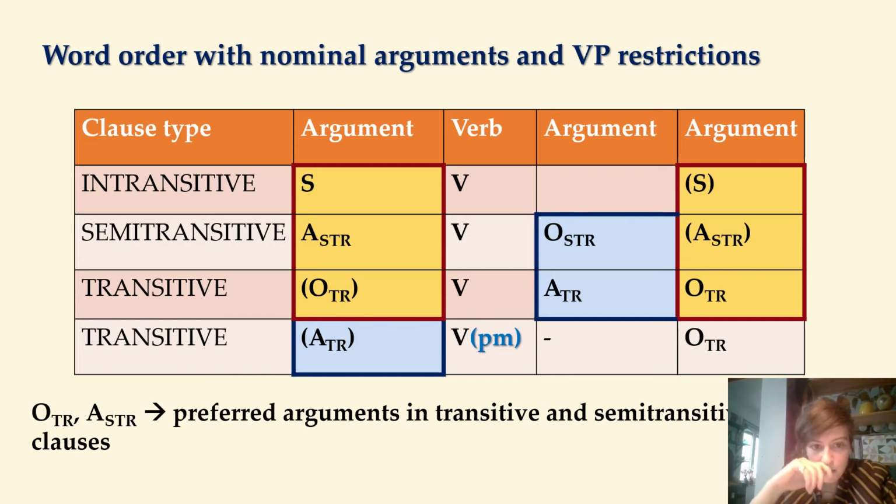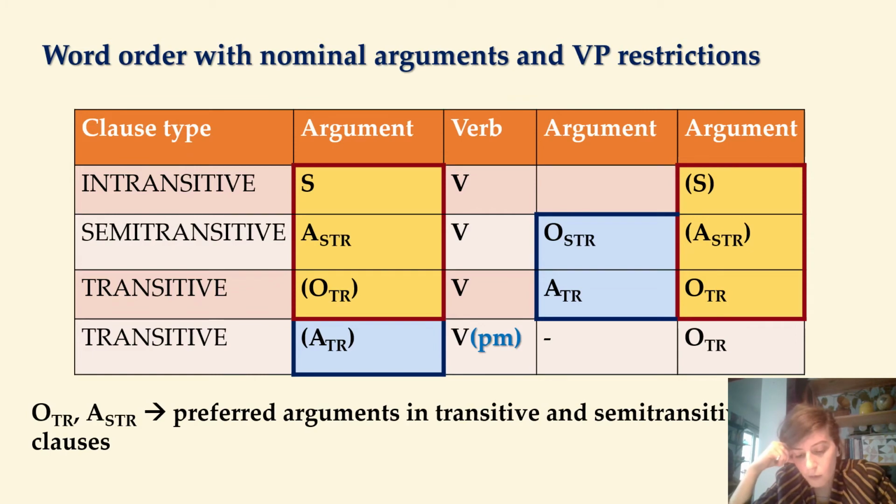In semitransitive clauses, the basic word order is AVO, with a semitransitive agent that is pre-verbal. However, it's possible for this argument to occur post-verbally, after the semitransitive object. In transitive clauses, the basic word order is VAO, with the transitive object occurring in post-verbal position after the transitive agent. However, for pragmatic reasons, the object can be dislocated in pre-verbal position.